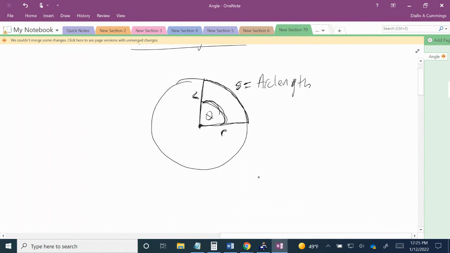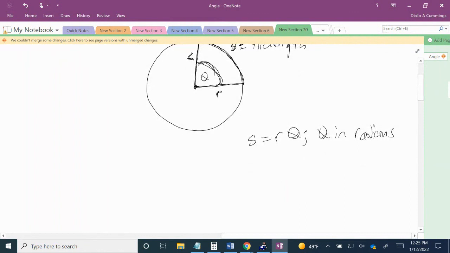So we have the formula S is equal to R times theta, and theta has to be in radians. Now, just one thing about this formula. This is an algebraic formula, so it can be manipulated. From this formula, we can derive two other formulas. We can derive that R is equal to S divided by theta.